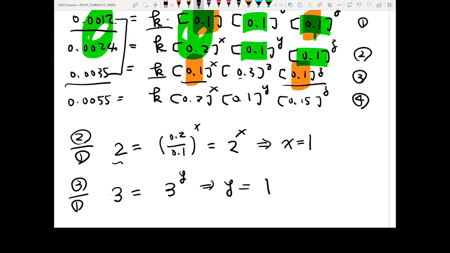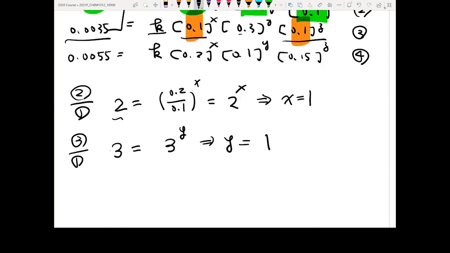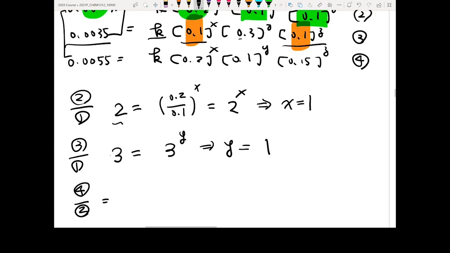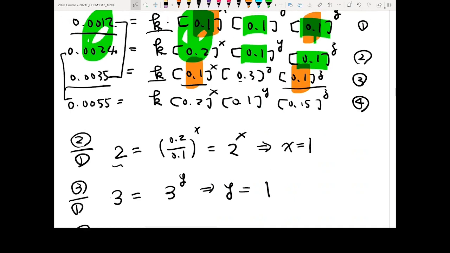So how do you solve for z? Which two equations do we use? 2 and 4, right? So 4 divided by 2. This is this divided by that, right? So it will be 55 over 24. It's going to equal, k and k cancel out, right? X term cancels out, y term cancels out.